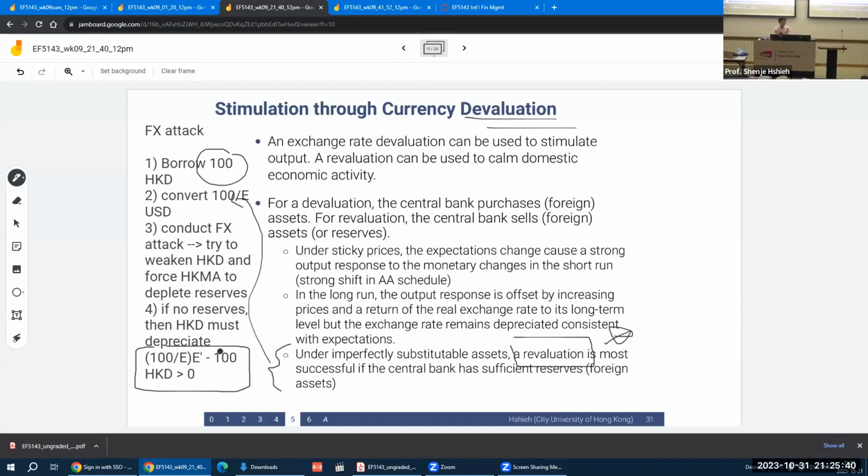In other words, a more devalued Hong Kong dollar, right? Which exceeds the $100 they borrowed. It's greater than zero, right? It must be, if they're going to play this game. Make sense? I hope it makes sense.